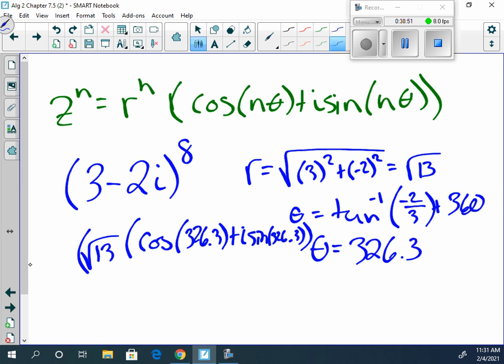Then we can use this formula. And now to apply this, we're going to put the 13th to the 8th. We're going to multiply this by 8, and we're going to multiply this by 8 to get our answer.